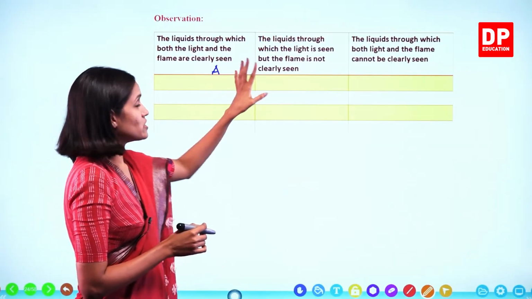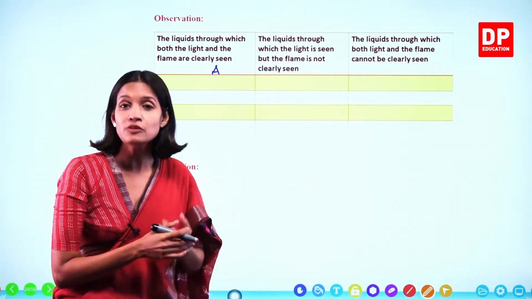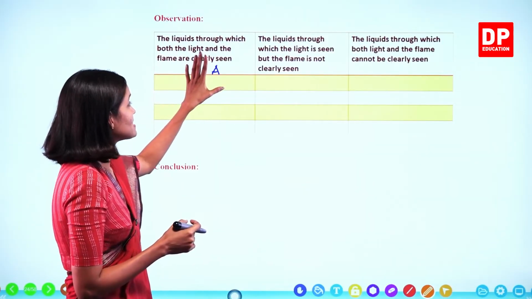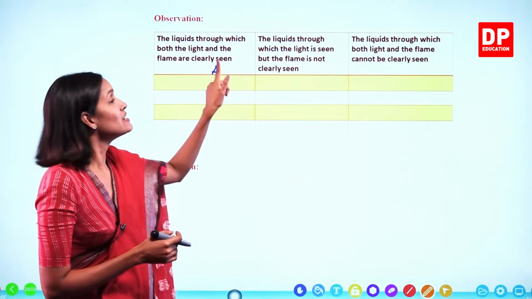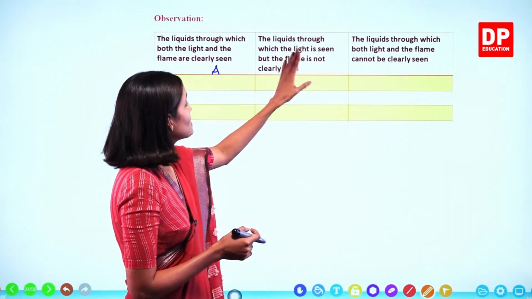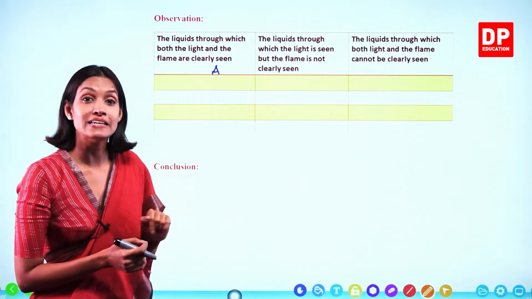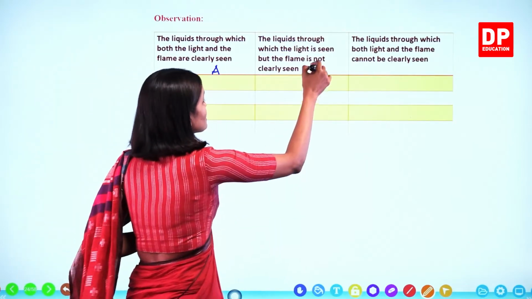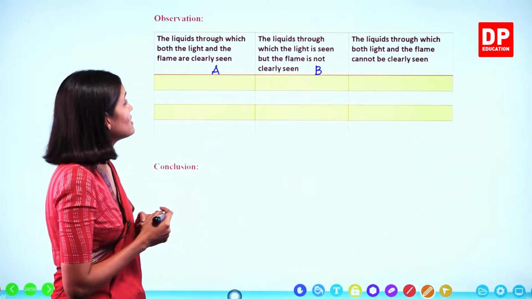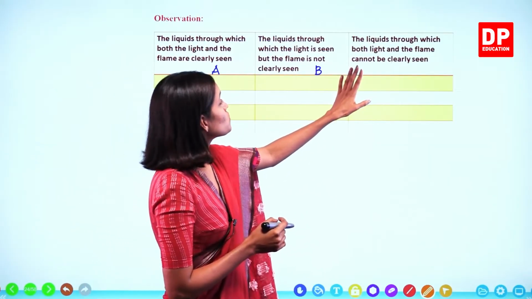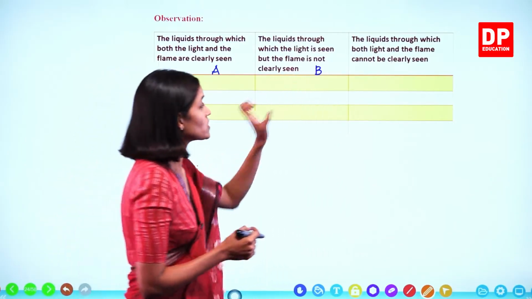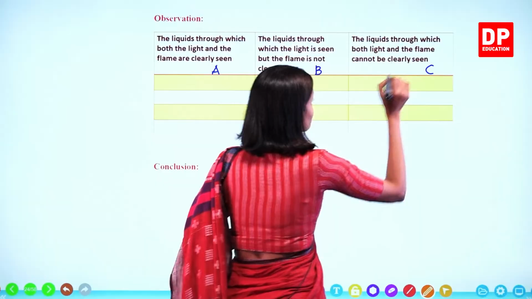Any material through which both light and the flame are clearly seen was categorized under A, right? The liquids through which the light is seen but the flame is not clearly seen, this was categorized under B. The name we gave to this group was B, right? The liquids through which both light and the flame cannot be clearly seen, this was the C group.